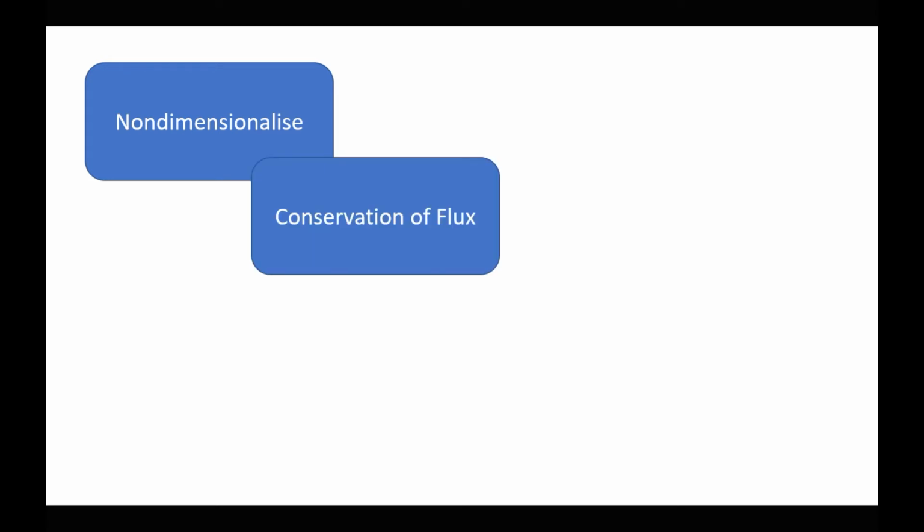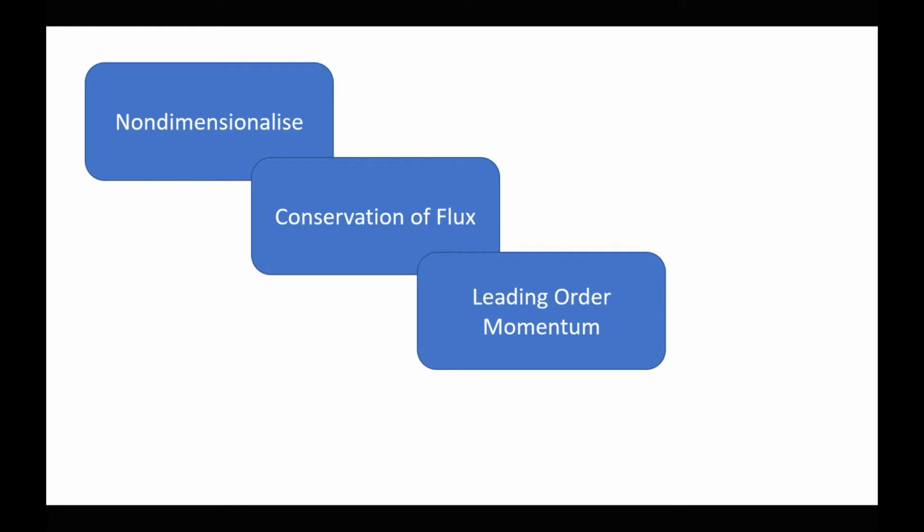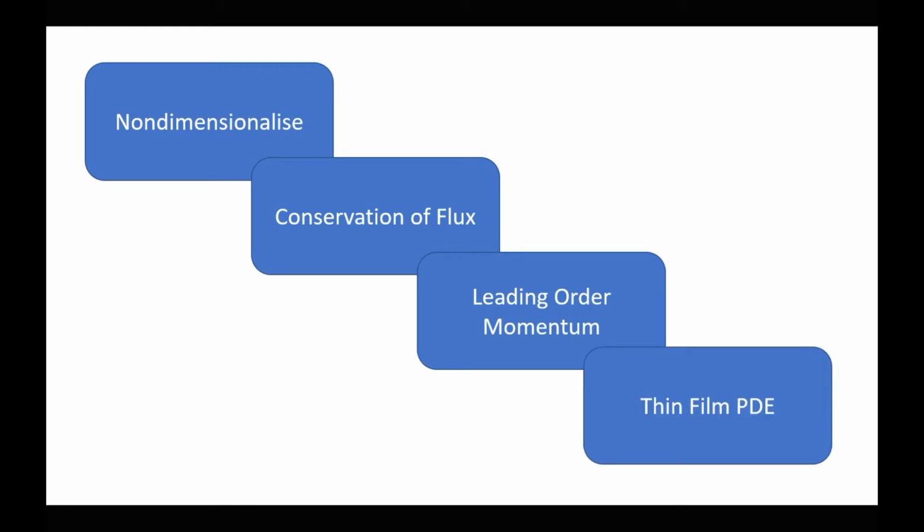In our reduction to the thin film PDE, we perform the following steps. We non-dimensionalize the problem, we generate the conservation of flux equation, we examine leading order of the Navier-Stokes, and using the above results and remaining boundary conditions, we generate the thin film PDE.